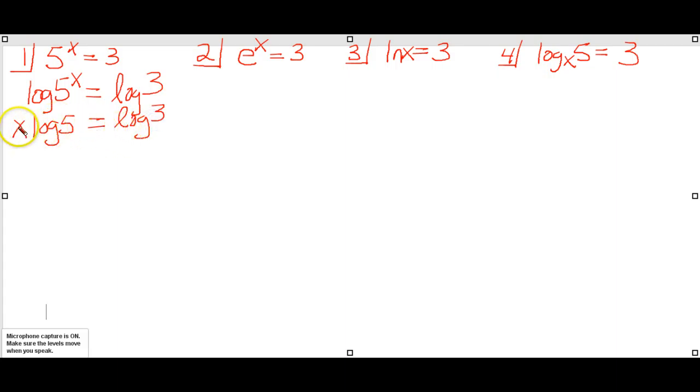Now that we have x in the equation line, we then solve this by dividing both sides by the log of 5.